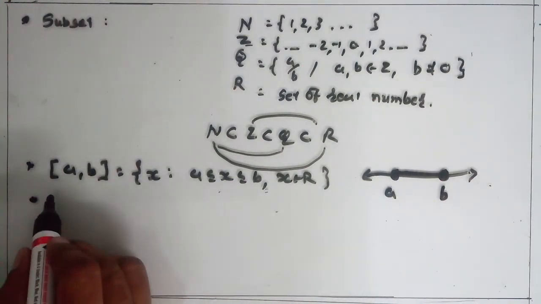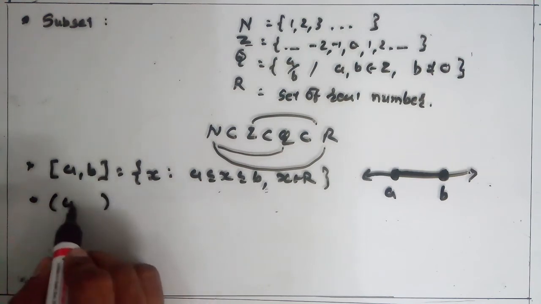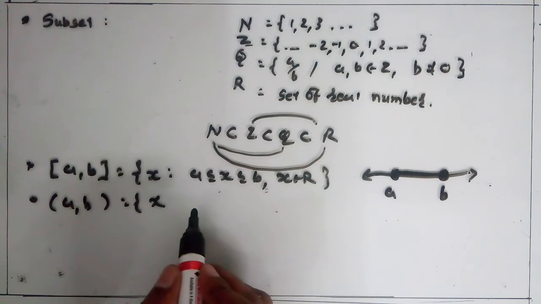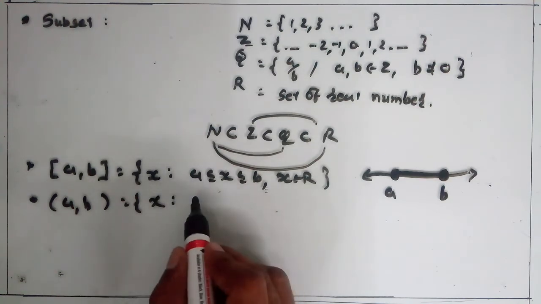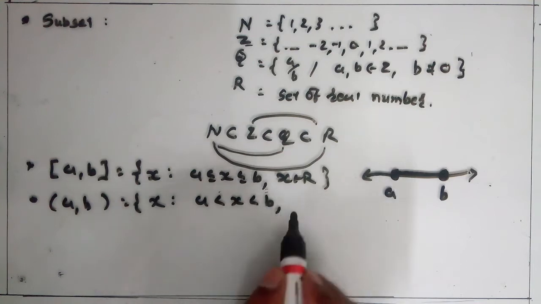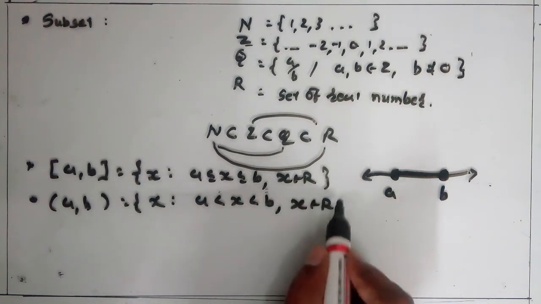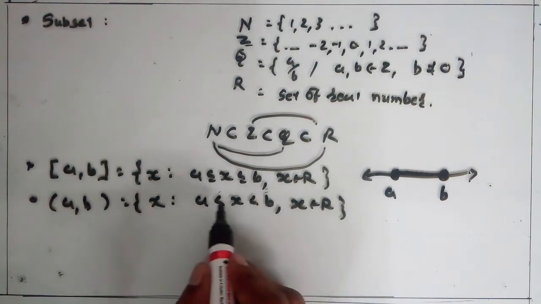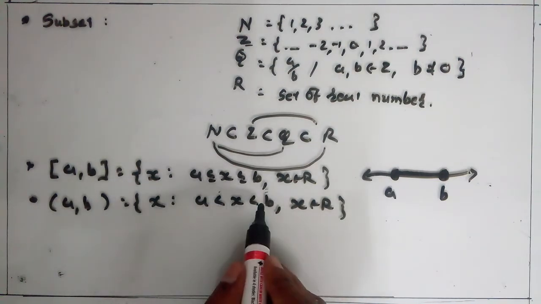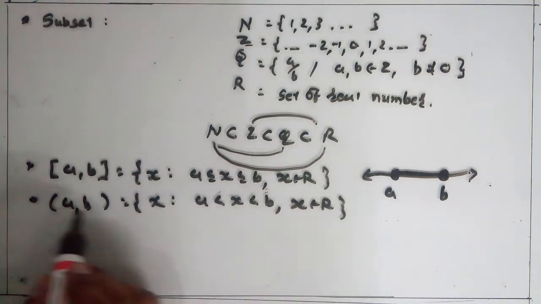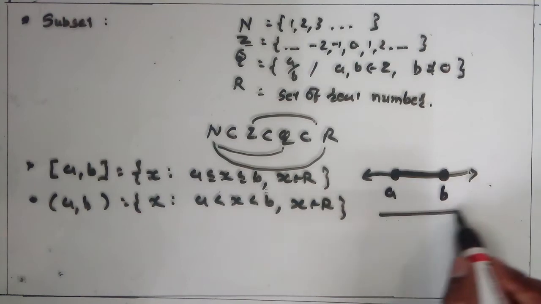Similarly, open interval AB is the set of all real numbers x such that a < x < b, x belongs to R. So the set of every real number between a and b that does not contain a and b is called open interval AB.